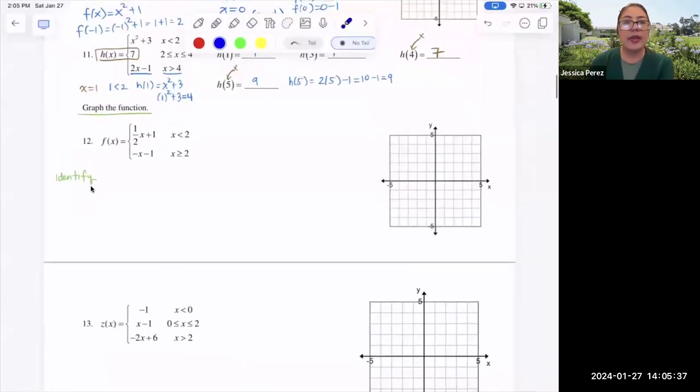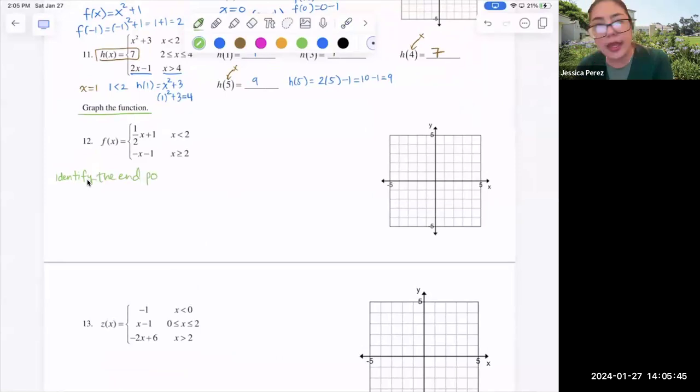So now again, we want to identify the endpoints. To identify the endpoints, I have to see what the endpoint is. So it's saying that my boundary point here is 2. So it's not equal to 2, it's less than 2. So that means it's going to be an open circle because it's x less than 2, a strict inequality.